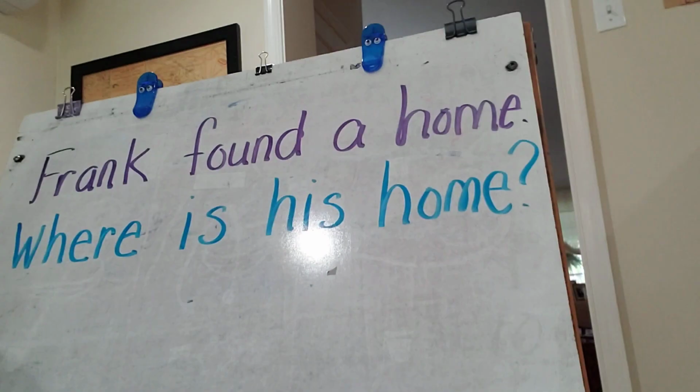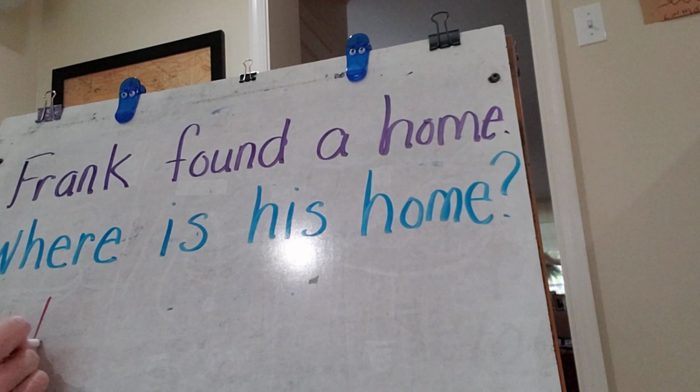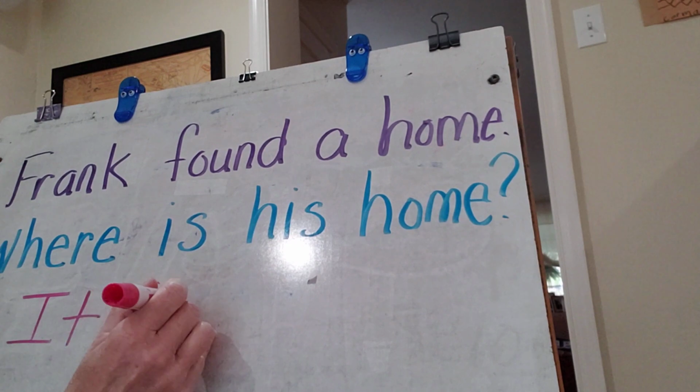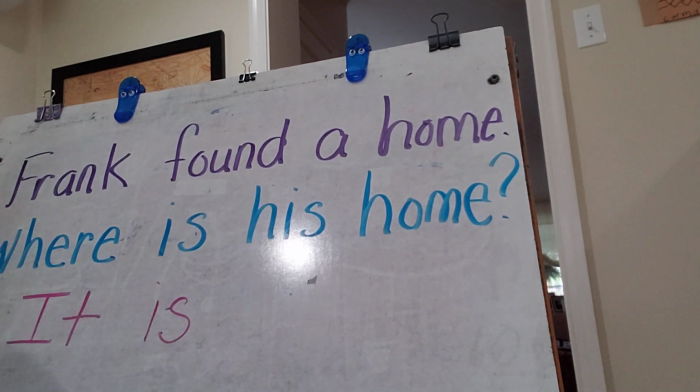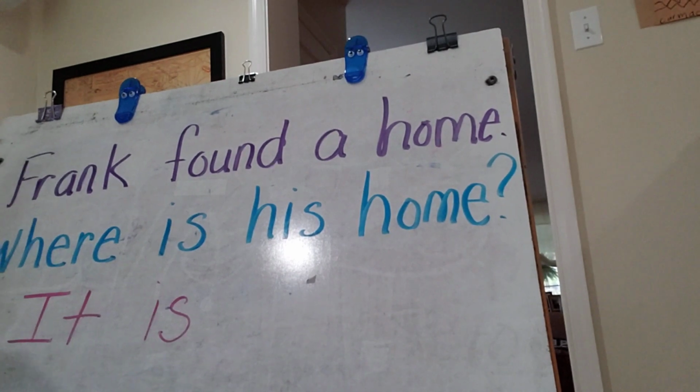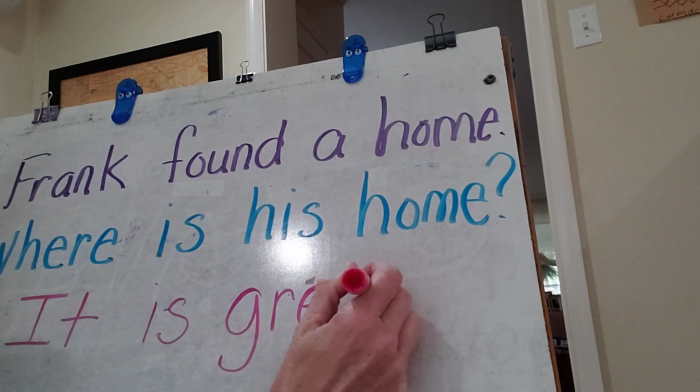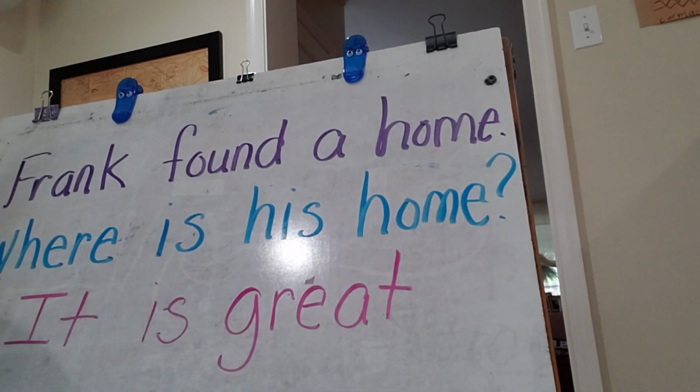Now I want to write a sentence that would help Frank tell someone how he feels about finding his new home. The sentence that he would probably say if he found a new home is something like this: it is great.